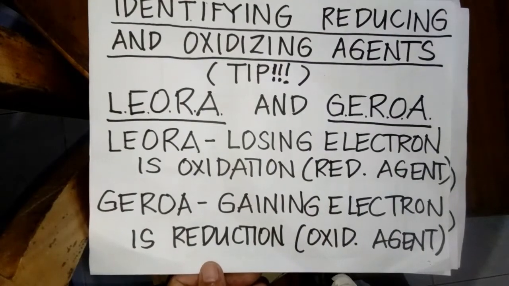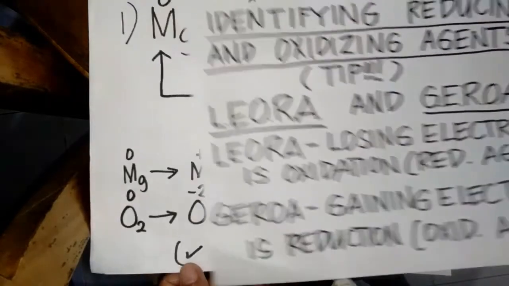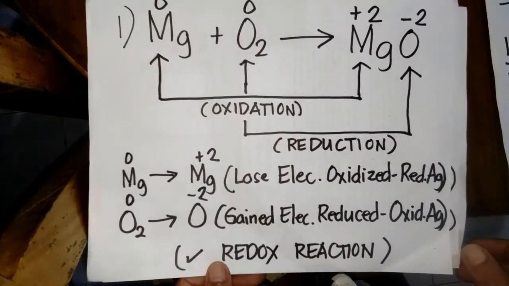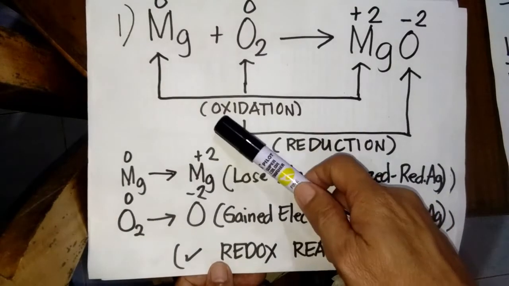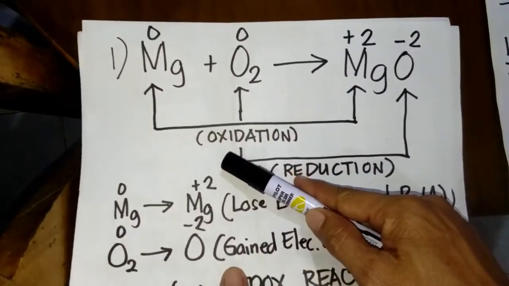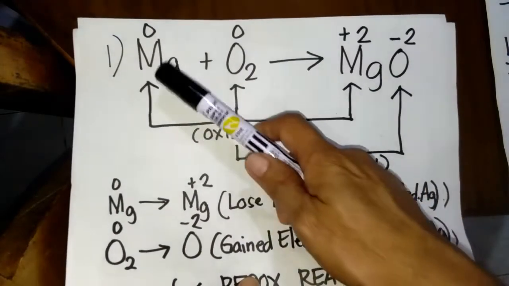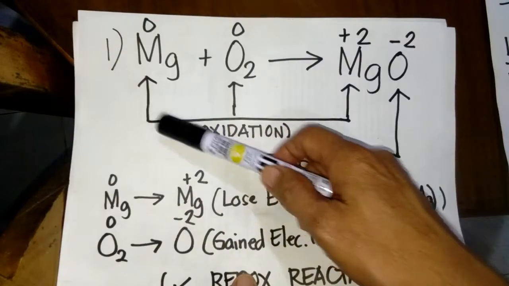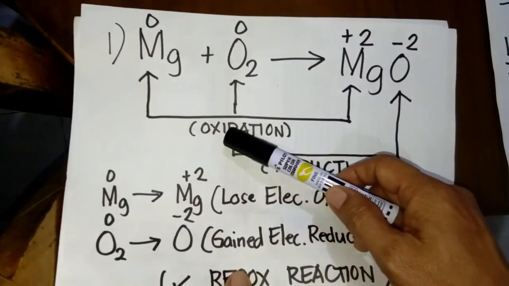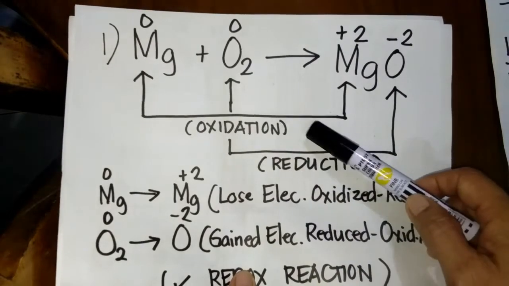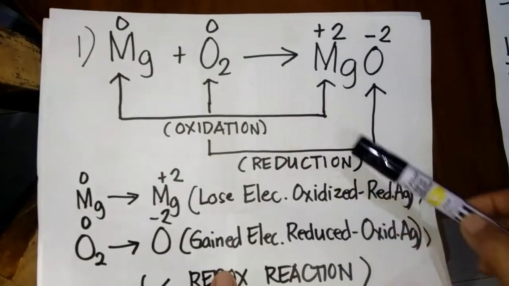Okay, let's have an example. Bear in mind again that losing electron is oxidation. So you see oxidation, this one has lost its electron. From 0 to positive 2, magnesium. So losing electron is oxidation, LEO, this will be now our reducing agent.